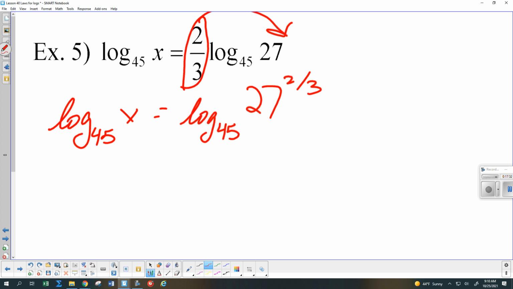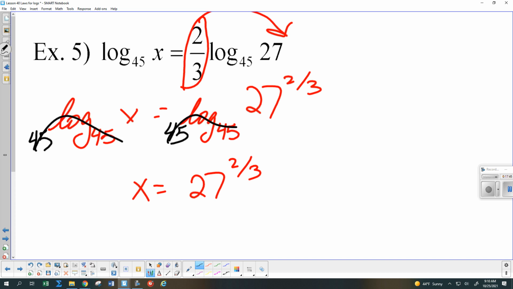Log 45 equals log 45, so x equals 27 to the 2/3. Or we think of it as we exponentiated this row and made both of those be powers of 45.